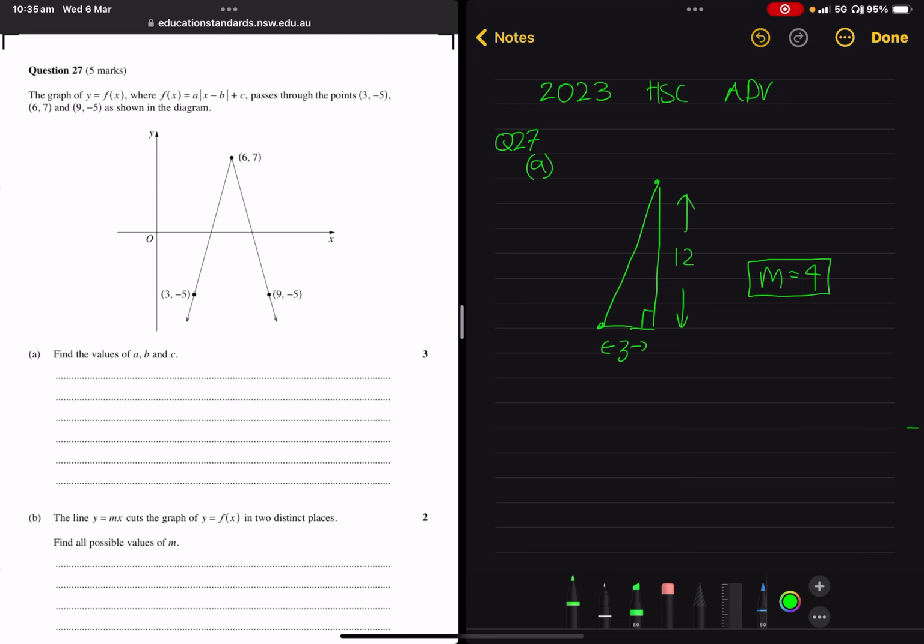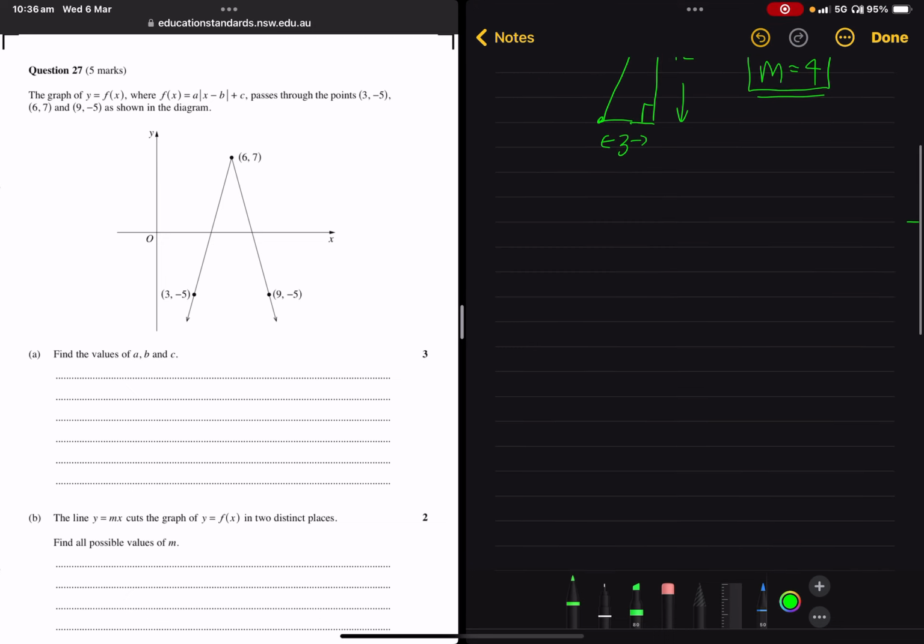Now it passes through the point (3, -5) and the point (6, 7), but that's not really relevant. We don't really need any of that information. All we needed was the slope of this line, because what we're going to do is redraw this line centered at the origin.